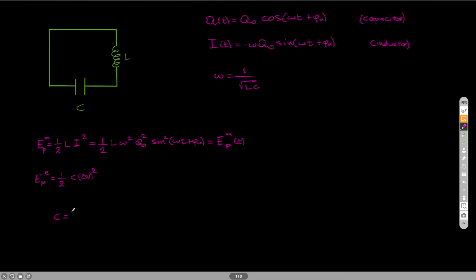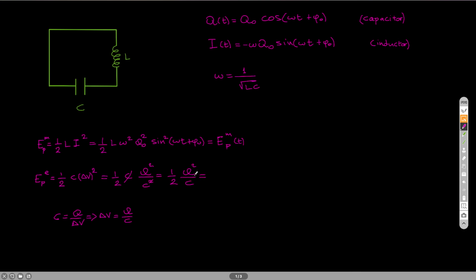And I also know the definition of the capacitance. So delta V is Q over C, and I can use that here. 1/2 the capacitance, the charge squared, divided by the capacitance squared, and this C with the 2 will go away. So what I have is 1/2 Q squared divided by C.